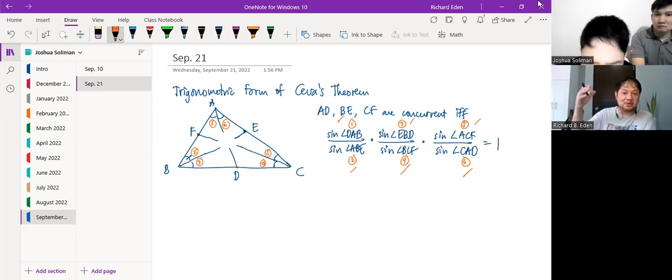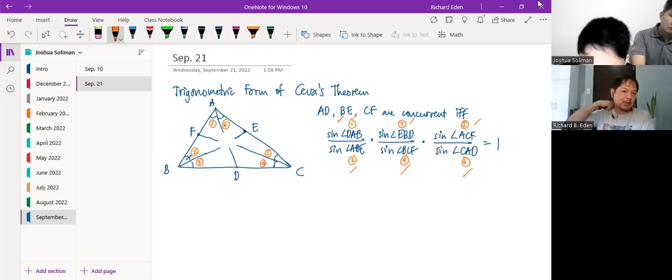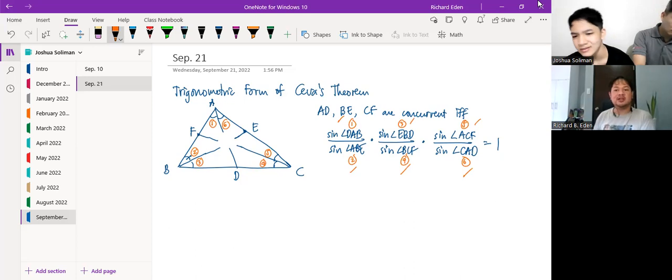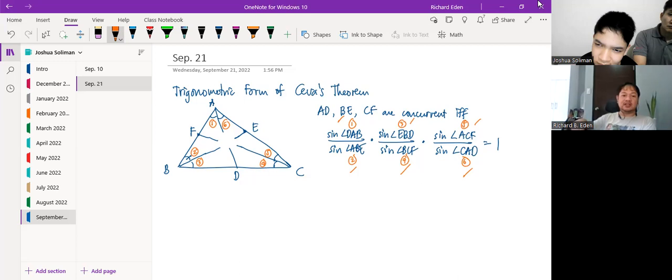Numerator, denominator, numerator, denominator. We start with 1. We could have started with 5 or 4 or 2 or 3. And the three ratios that you formed, all being equal to 1, it's going to turn out to be equivalent to the similar equations if you decide to start at angle 3, whether you go clockwise or counterclockwise. All right. So that makes this actually not so difficult to remember if you see how you're forming the three ratios.